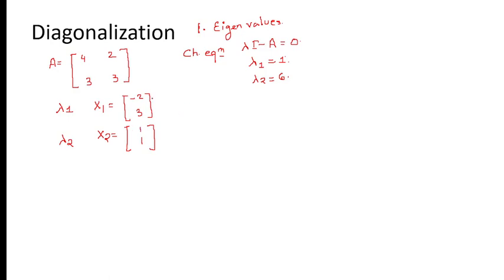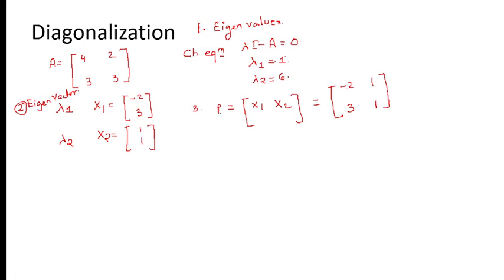So step 2 was the eigenvectors, and step 3 is the P matrix. It will be X1 and X2, where X1 is -2 and 3 and X2 is 1, 1. So this is your P matrix.